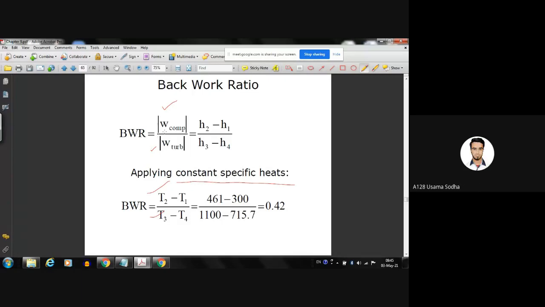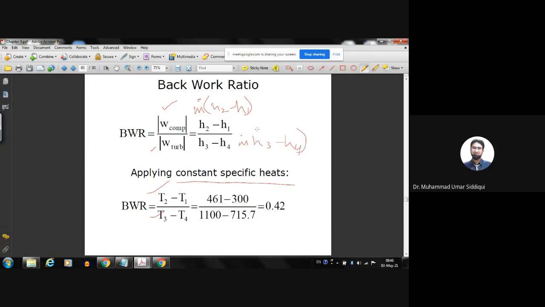The back work ratio is basically the work of the compressor divided by the work of the turbine. Work of the compressor will be m dot (h2 minus h1), and work of the turbine will be m dot (h3 minus h4).